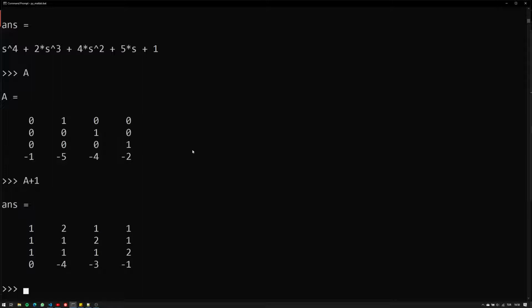So this scalar will be operated on each element here, and all the entries of a matrix will be increased by that scalar or decreased. But we don't look for that. And if you use subs, this will happen no matter what.